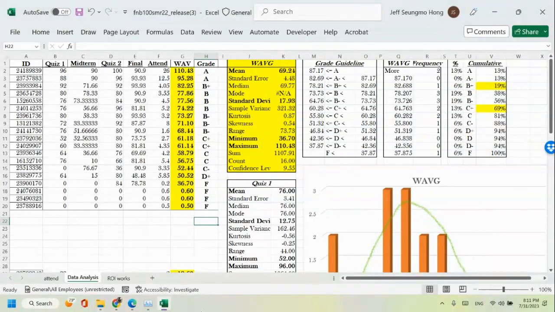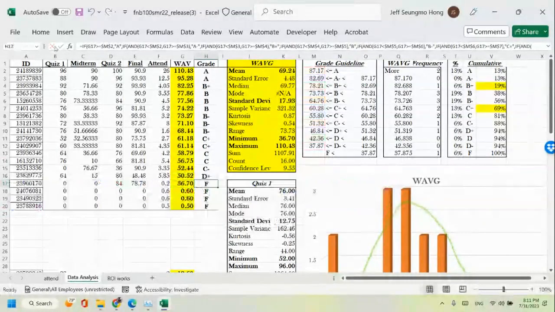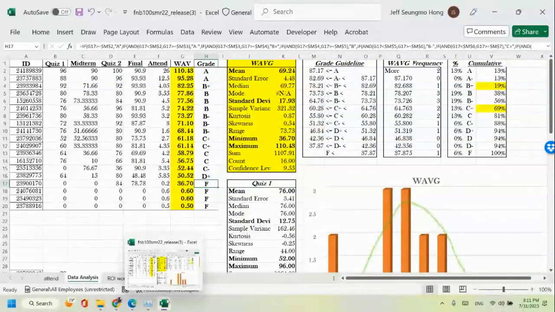If they haven't done it, they will still be on the roster. Then I will have to manually enter WU, unofficial withdrawal, right? But because I do it by algorithm, it's automatically finding its own grade.